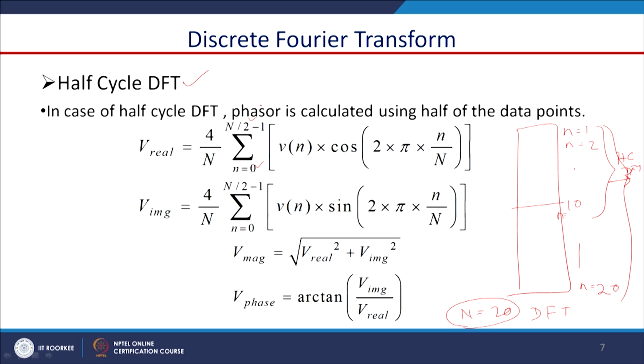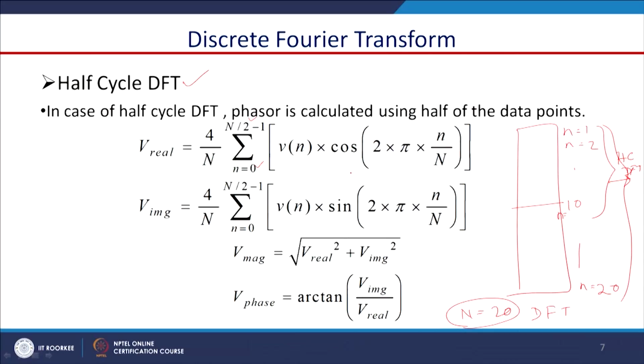So we are taking half of the samples. If 20 is the number of samples per cycle, here we will take 10 samples per half cycle. So we take half cycle data or samples.